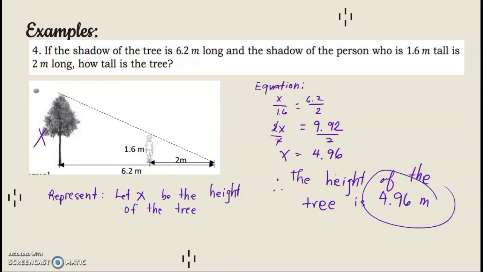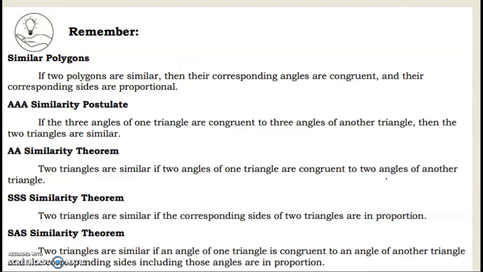Okay? So that's it. So all you have to remember is, when we say similar polygons, if two polygons are similar, then their corresponding angles are congruent and their corresponding sides are proportional. So under nung similar polygons, meron tayong tinatawag na AAA similarity postulate. If the three angles of one triangle are congruent to three angles of another triangle, then the two triangles are similar.